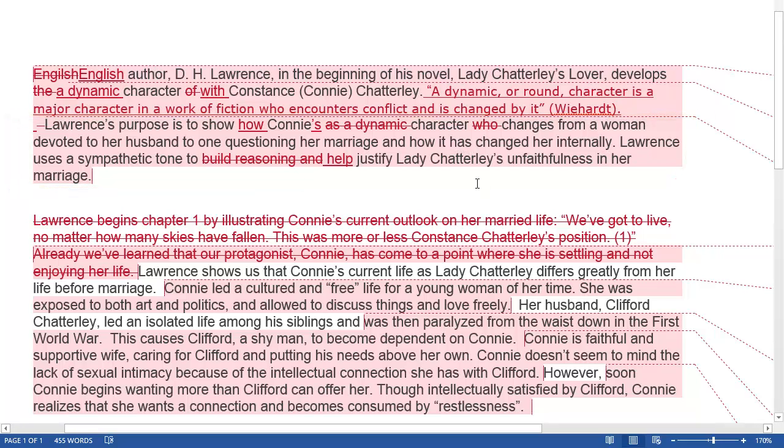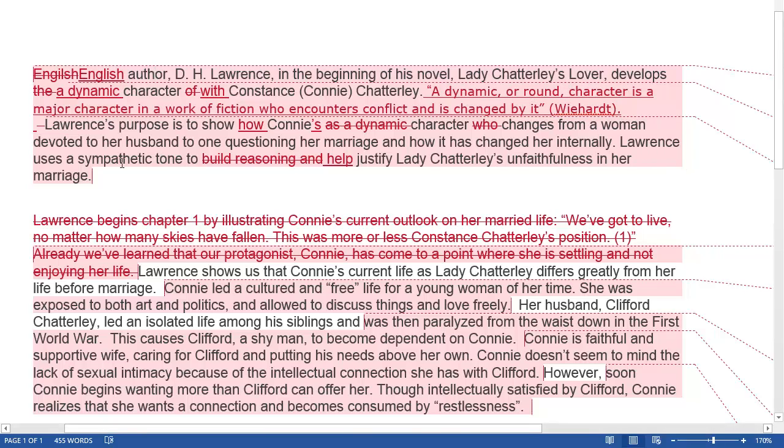Okay, so remember, we went from Connie being this carefree and happy and fun-loving woman to sort of this depressed woman who doesn't know what she's going to do, and she's got this conflict. So that's Lawrence's purpose, to show you that this character does change based on a conflict.